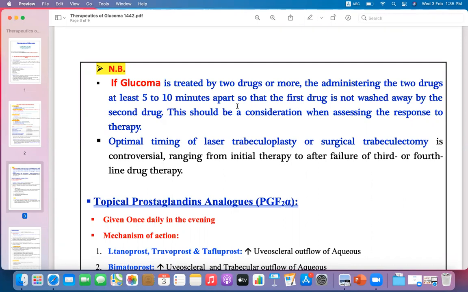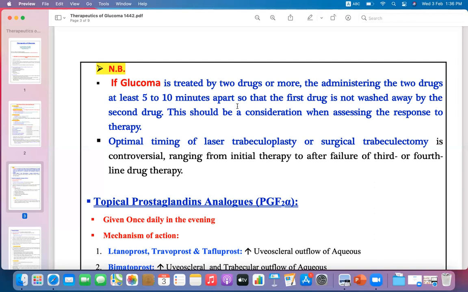If you instill the first drug and again instill the second drug, the first drug will be washed out. So to avoid the washout of the first instilled drug, this should be a consideration when assessing the response to the therapy.